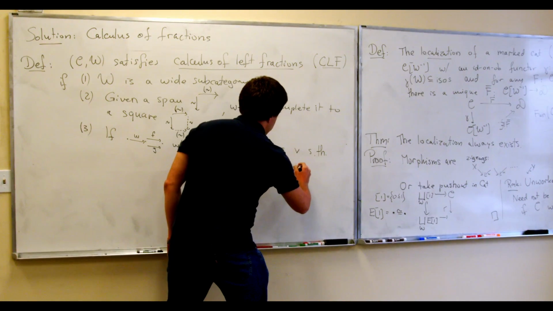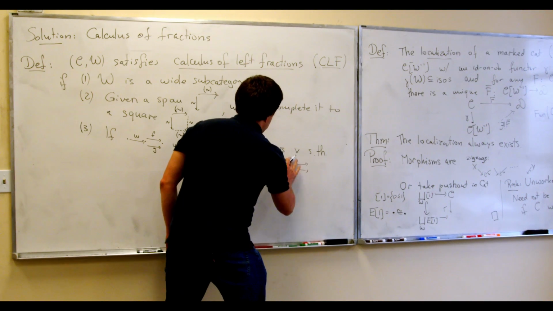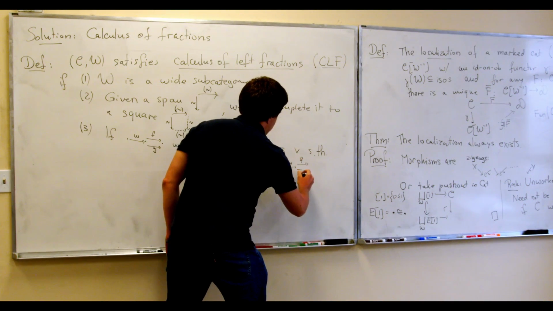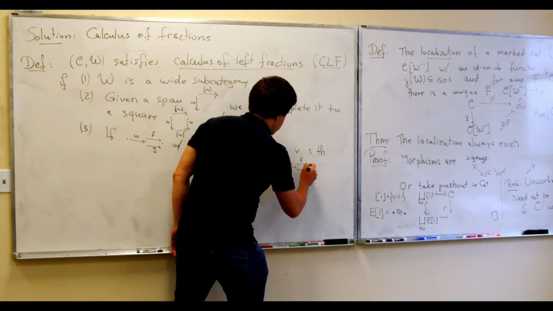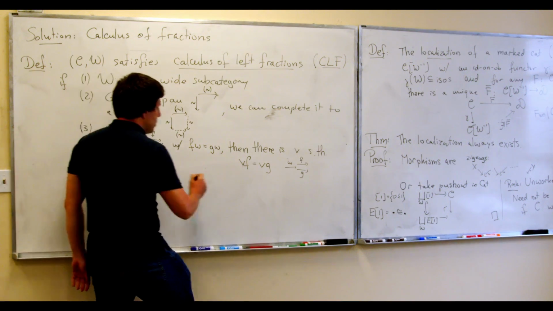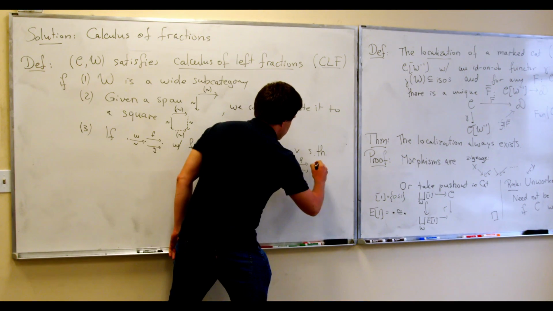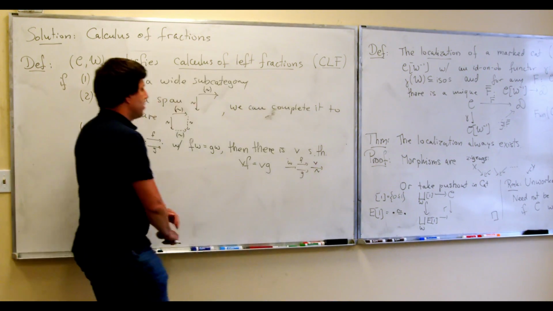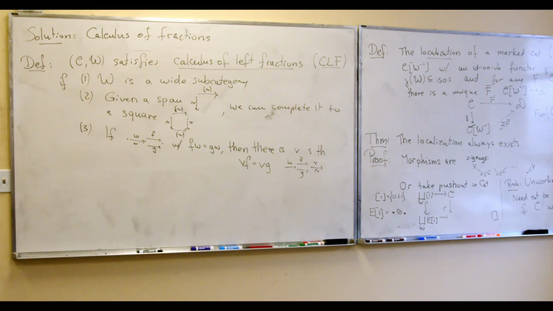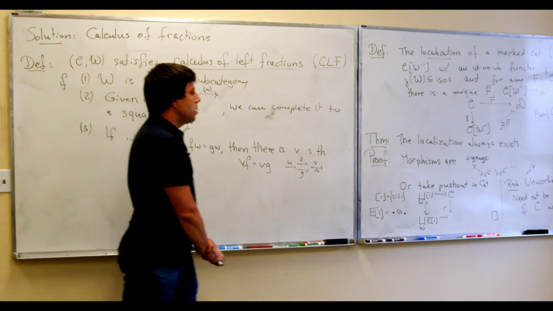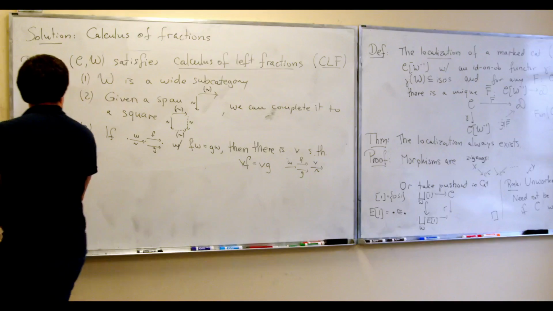So in other words, if I can equalize things on the left by a weak equivalence, then I can also do it by a weak equivalence at the end. Okay, so these are the three conditions that I need.